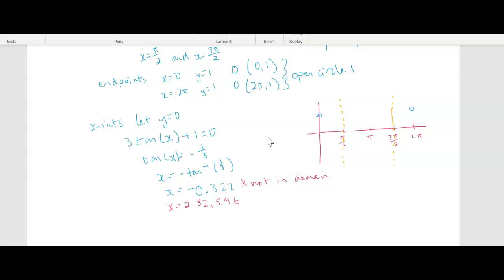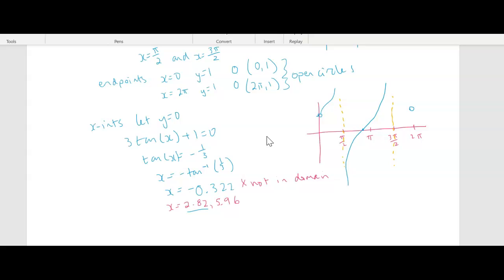Okay, so your first graph, let's just sketch that first. So we know the shape of the tan graph, so this basically is going up like that. Now, our x-intercept, so the 2.82, if we look between our two asymptotes, we've got pi in the middle and we know pi is 3.14, so it's going to be crossing to the left of that.